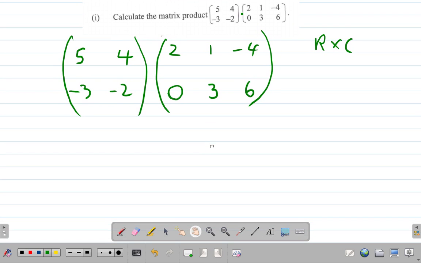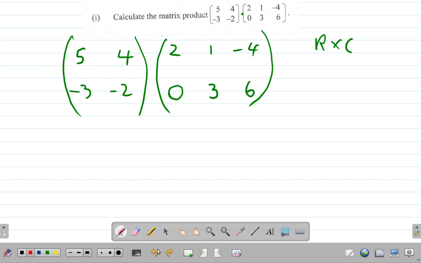Here, we do our multiplication now. This is row 1. We're going to multiply by column 1. You see that?